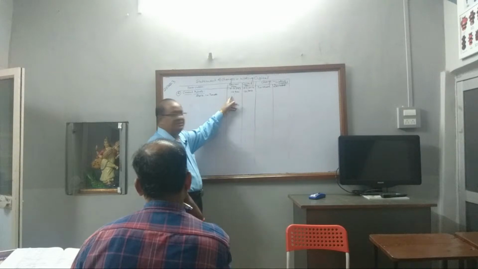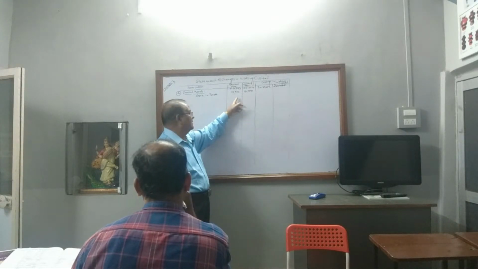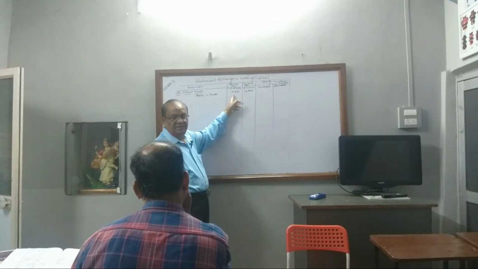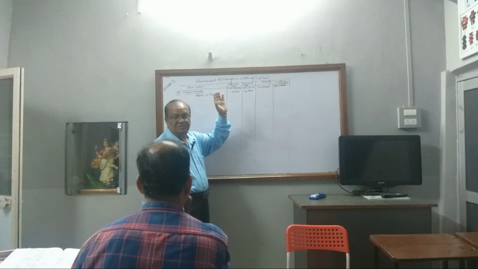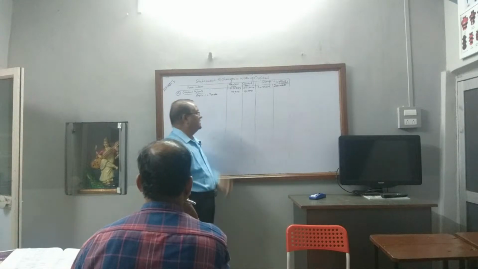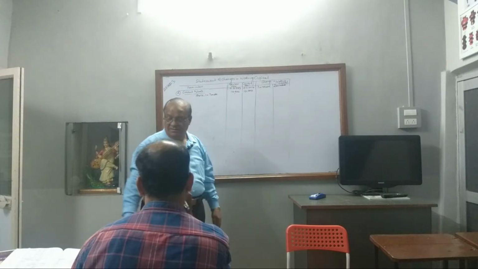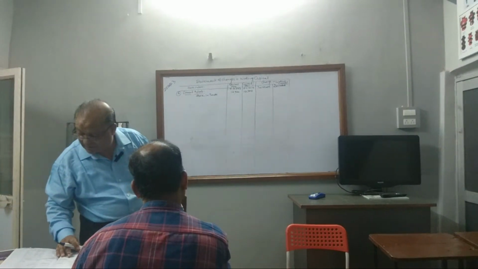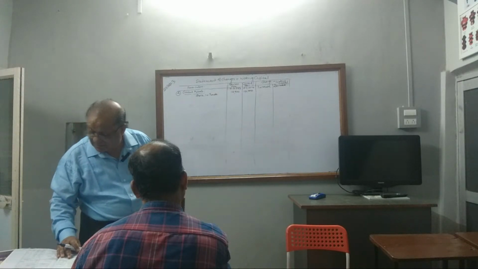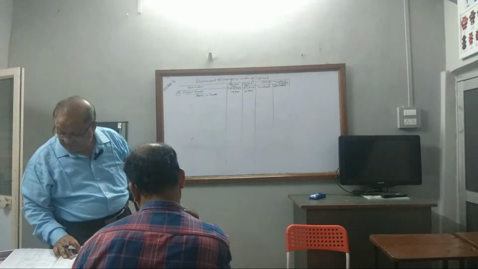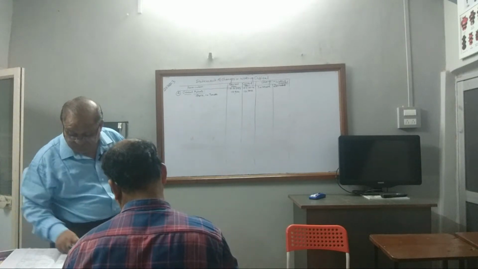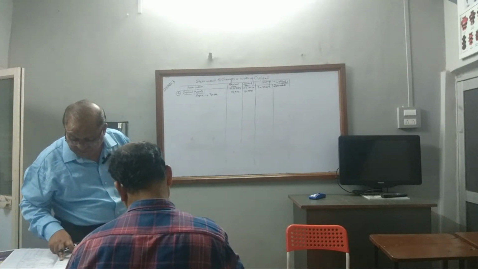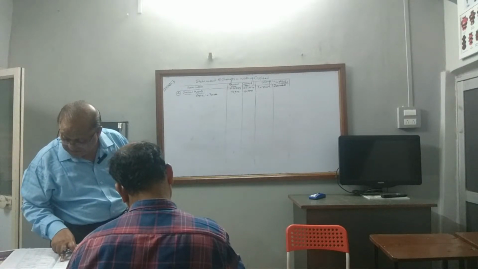So it is an increase. Correct? If it is increased, write the amount in the increase column. How much is it increased then? The amount is given to you, 14,900 and 17,700.